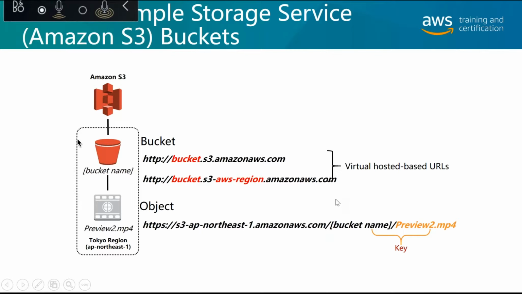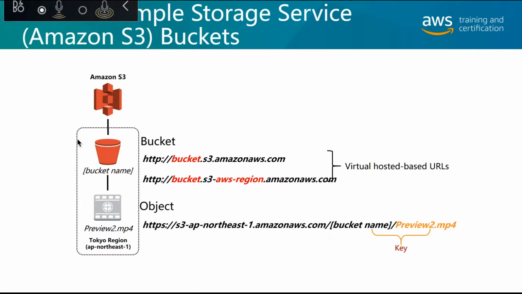And remember that in S3, we don't really refer to files. They're referred to as objects. So you put objects in a bucket. When you upload an object to S3, you get an HTTPS link like you see at the following. And that link is, by the way, private. It's not public by default.